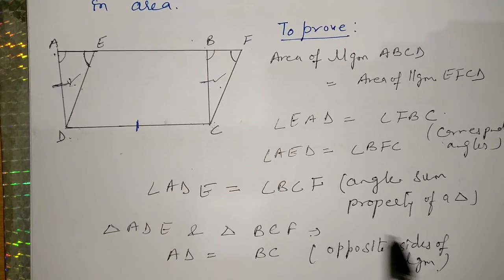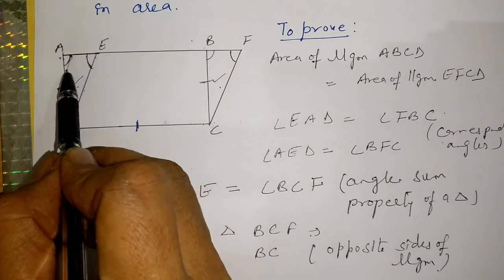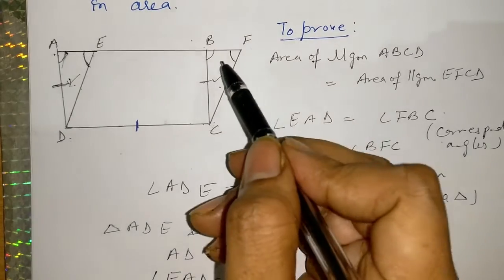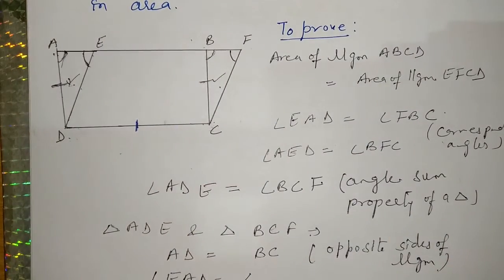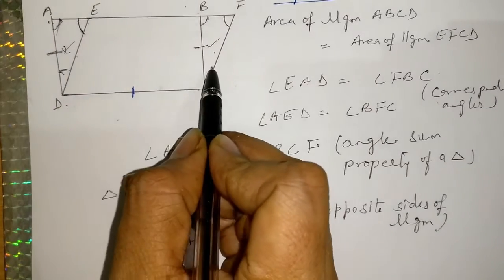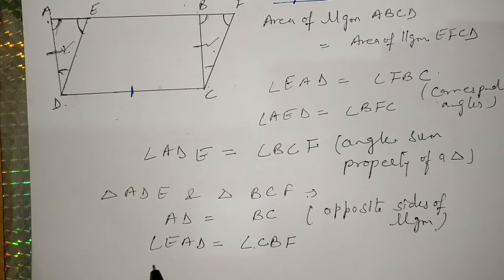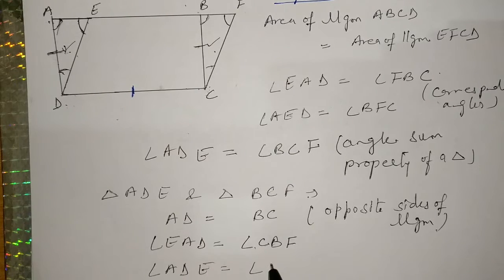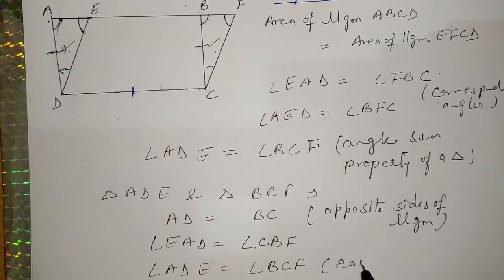Now next is angle EAD, this is equal to angle CBF. Okay, this is the second criteria. The third criteria is this, which we have just now proved, that is angle ADE is equal to angle BCF, earlier proved.